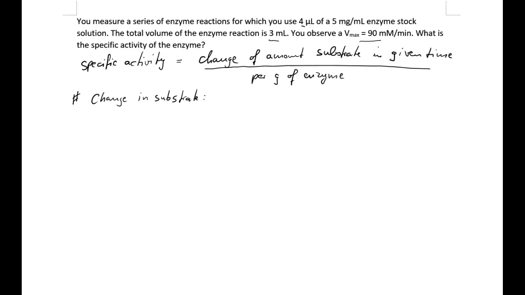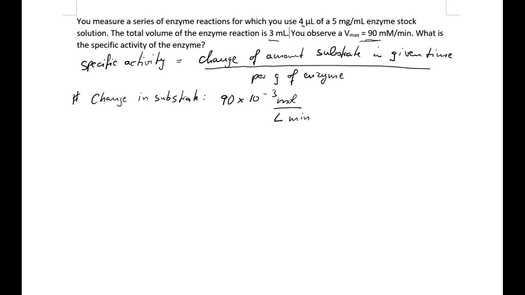And for this, we can very nicely use our Vmax. So we have a Vmax of 90 millimolar per minute. So that would be 90 times 10 to the minus 3 mole per liter and minute.